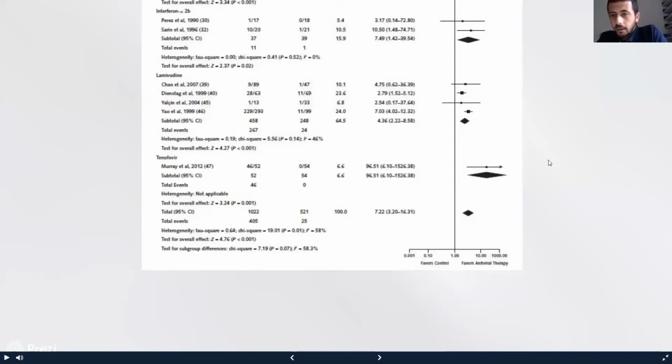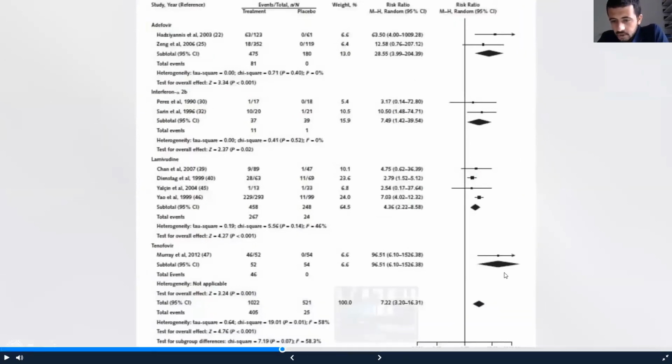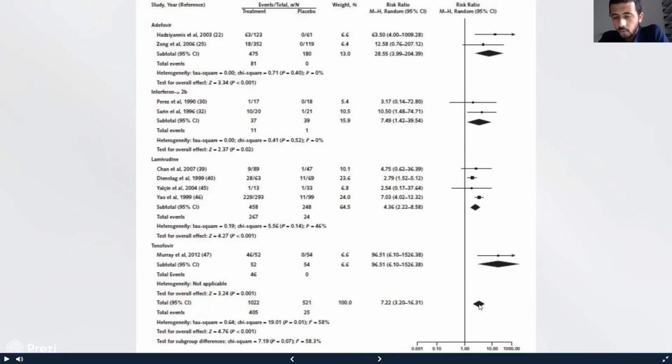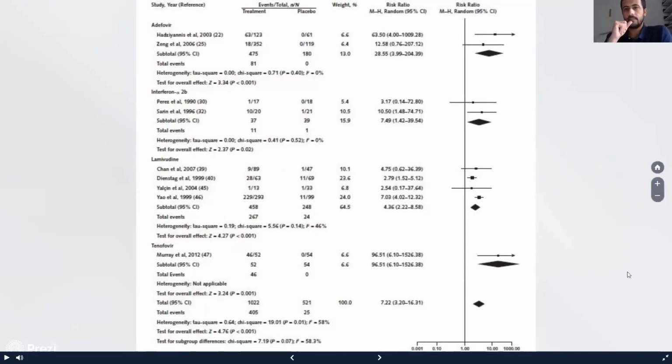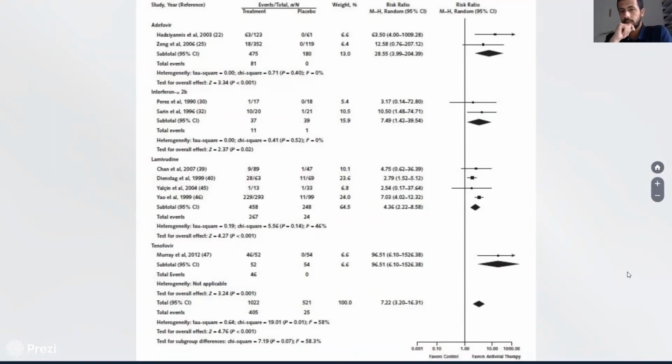I want to ask you if this shape goes to the line near the 1, or if it goes to the extreme right, or to the extreme left. What does that mean? At 1, the factor has no effect.